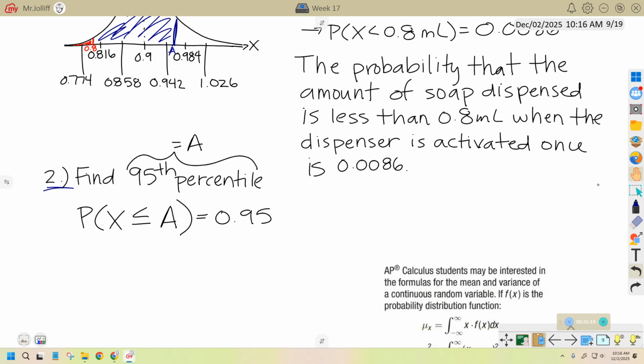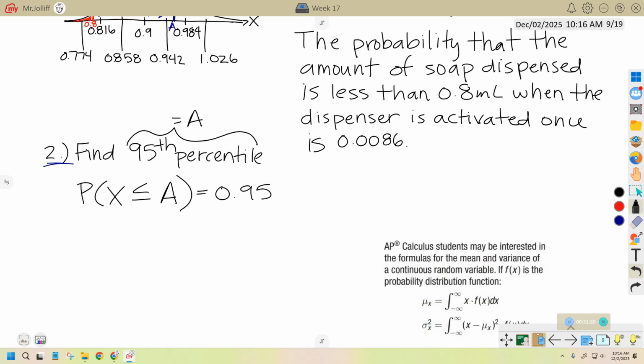And you guys said inverse norm. Yes, which I agree. So A is inverse norm. If you pull up inverse norm on your calculator, what does it ask you for? Very good. Specifically, we're going to do to the left. So area, mean, standard dev, tail.